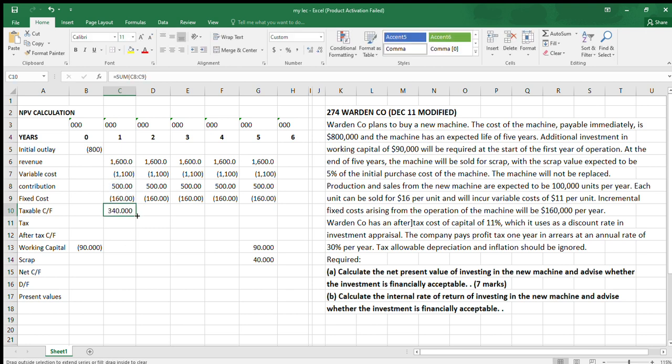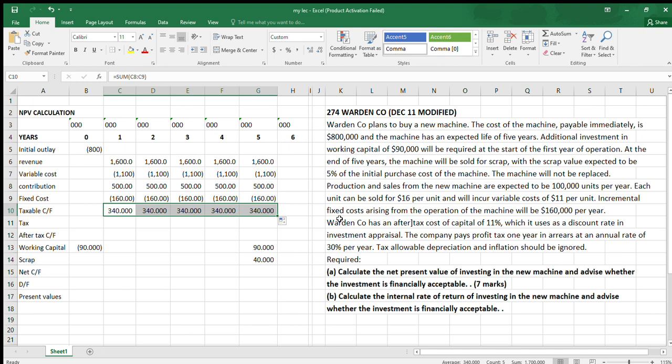In management accounting, your contribution minus your fixed cost gives you your profit, but here we are talking about investment appraisal, so your taxable cash flow becomes 340. All of them become 340.